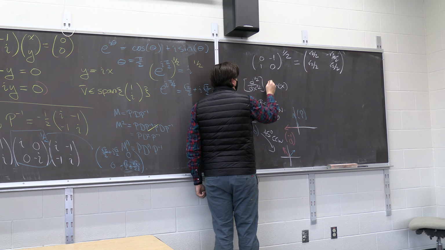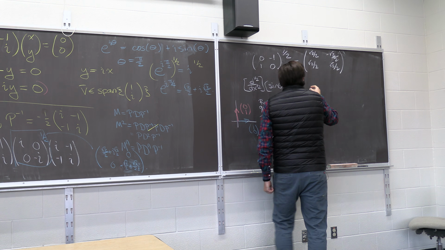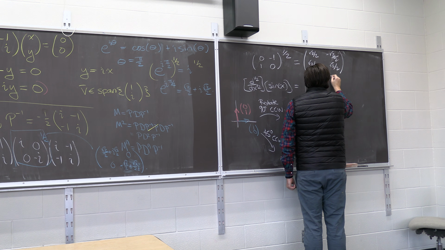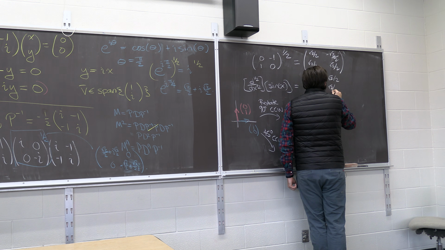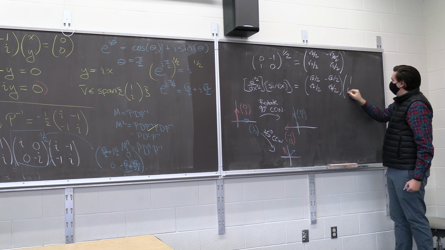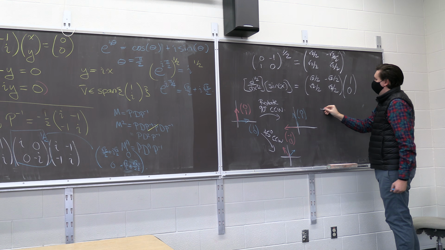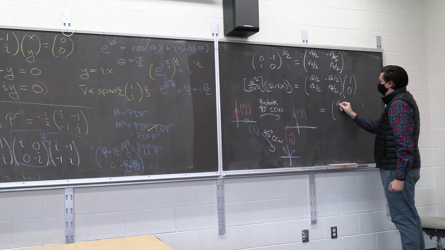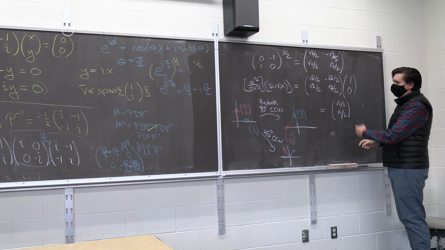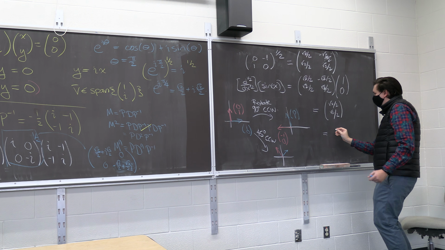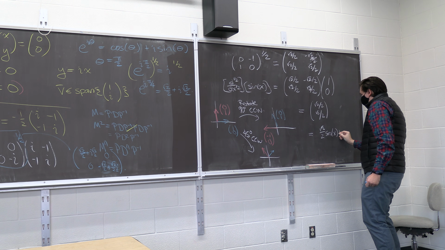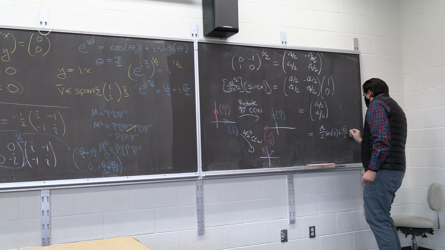Well, you say this will just correspond to this matrix, root 2 over 2, root 2 over 2, minus root 2 over 2, root 2 over 2, times what vector? 1, 0, which will just give you the vector root 2 over 2, root 2 over 2, which, if we express now back in terms of sine and cosine, is root 2 over 2 sine of x plus root 2 over 2 cosine of x.